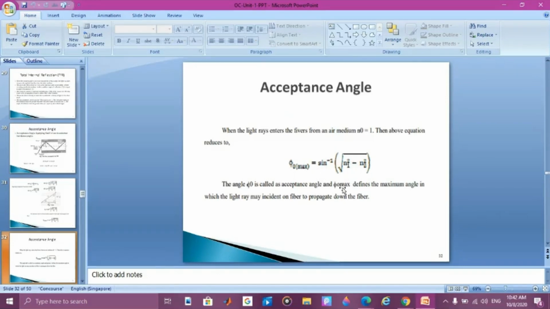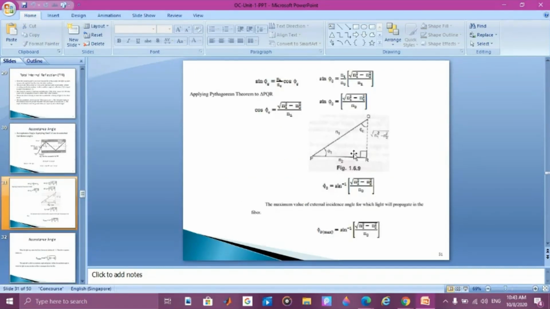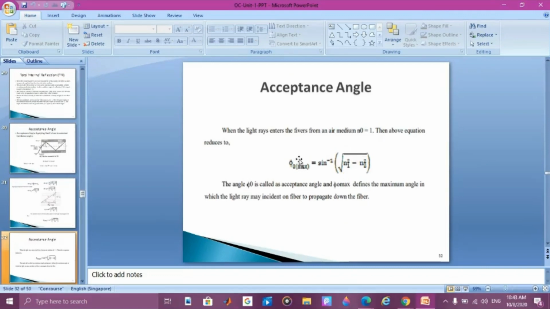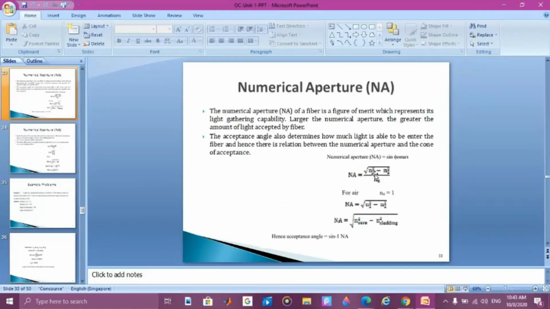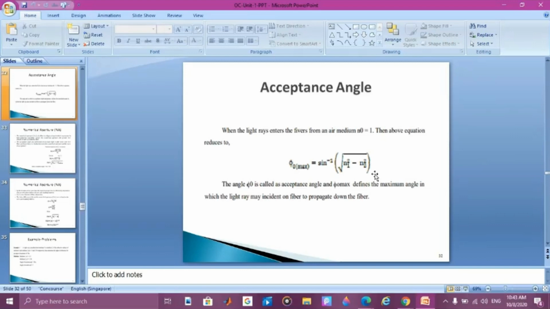If the first medium is air, its refractive index is 1. I will explain how this comes next. So this is phi naught maximum, the acceptance angle.